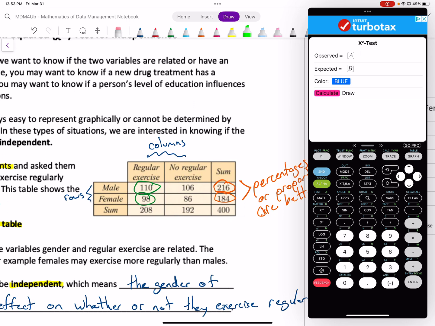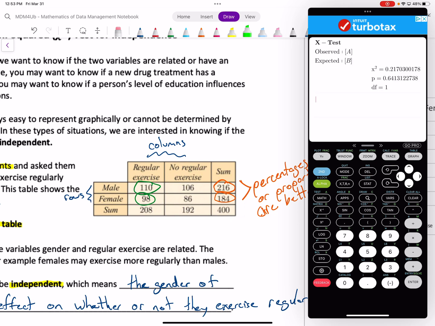What it's going to do is the calculation, everything we just did before by hand. It's going to take the observed values, do the calculation, and pump out the expected values into matrix B. So I go enter, scroll down and go to calculate, press enter, and there it is.